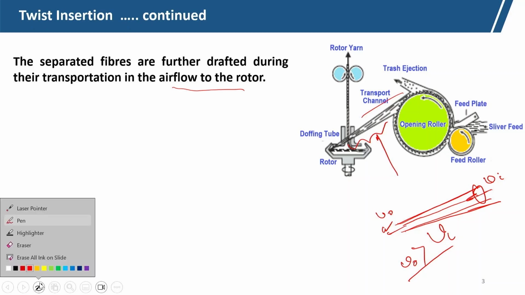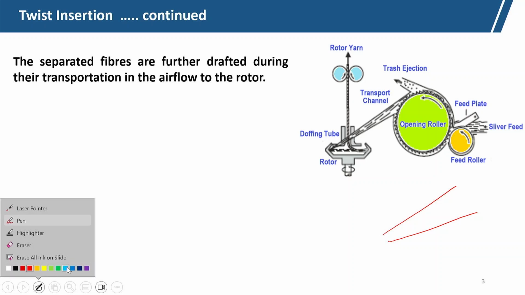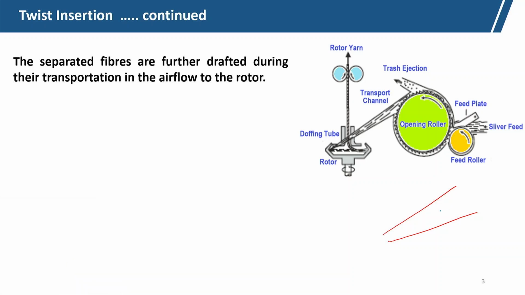Now, how does the straightening take place here? This is a transport channel. Suppose this is a fiber, with the tip portion and the back portion at the back.